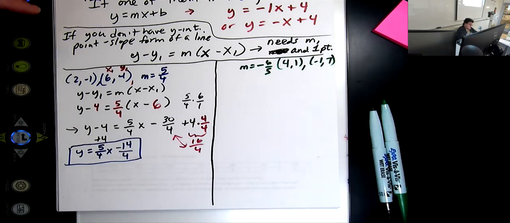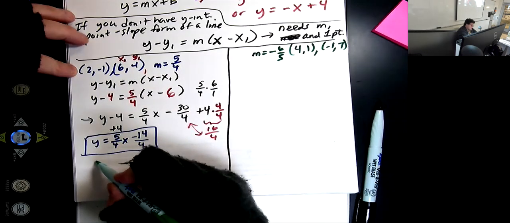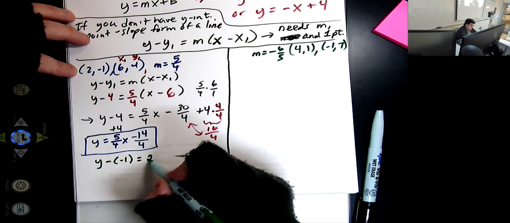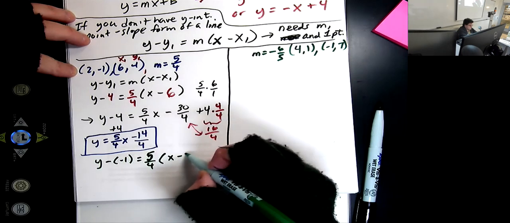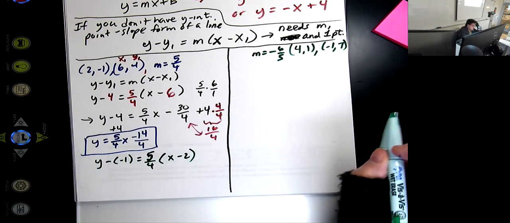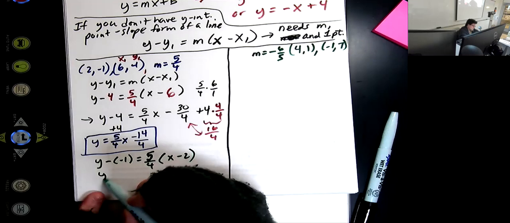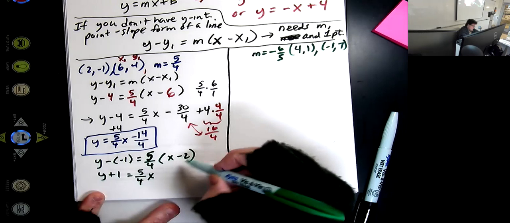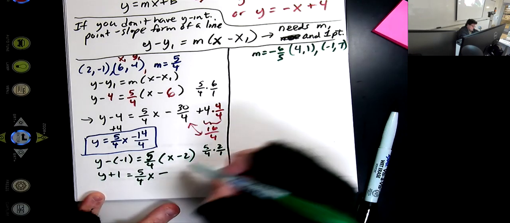So that's the slope intercept form of this equation. If we use the other point, I use the 2, -1. I've got y minus -1 equals 5/4 still, and 5/4 is the same, x minus 2. I've got y plus 1 equals 5/4 x minus, if I multiply 5/4 and 2, I get 10/4.